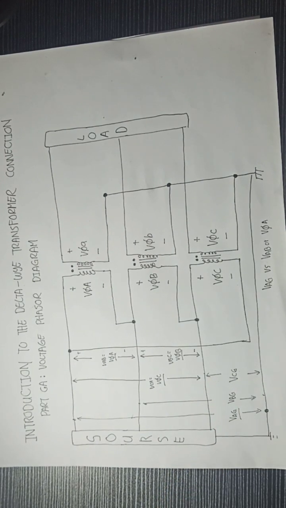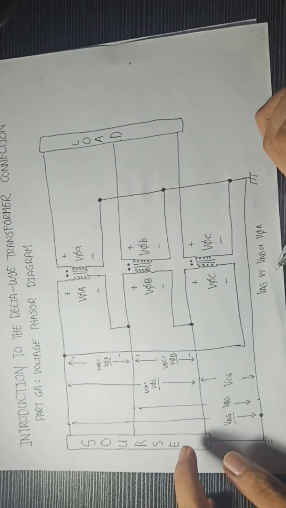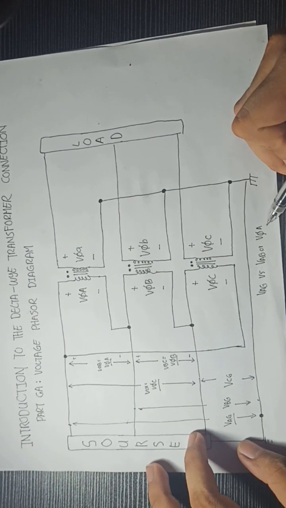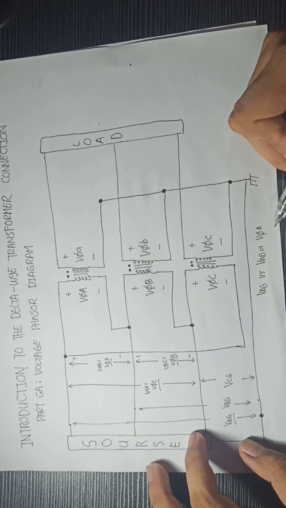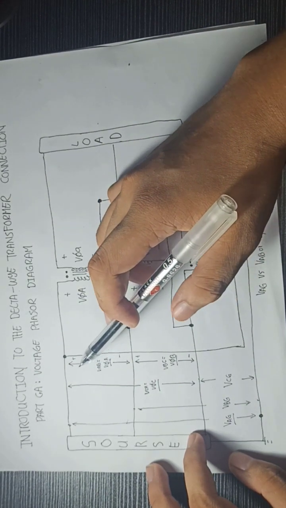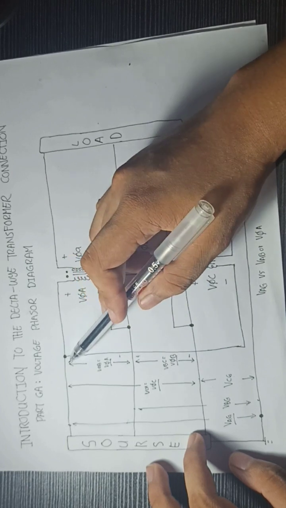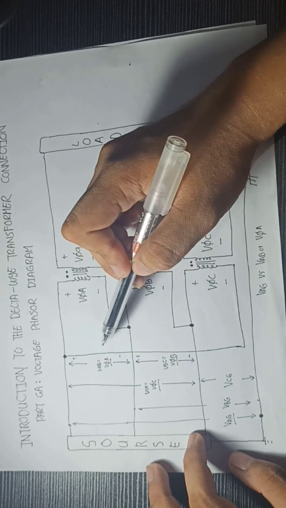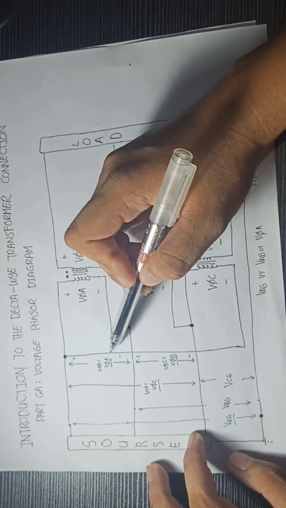Now, the trick to understanding voltage phasors for delta connection is being really rooted in understanding VAG versus VAB or phase voltage A. VAB is the voltage across line A and line B, which is essentially equal to phase A voltage here.